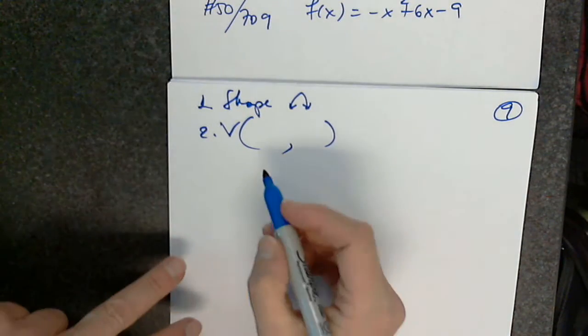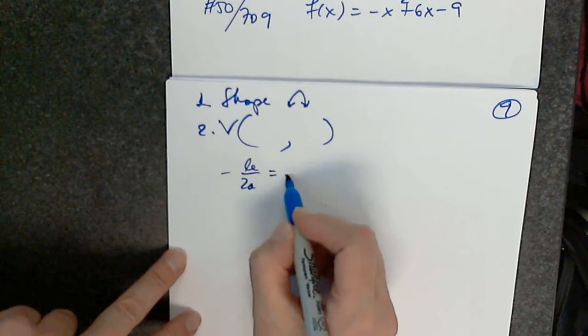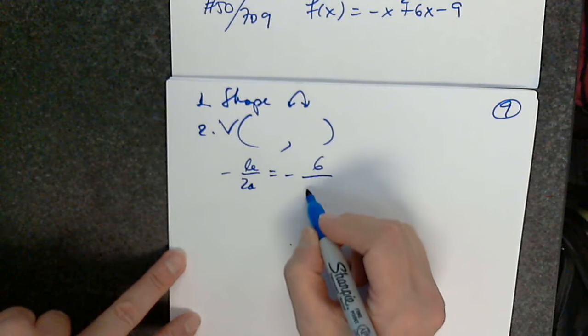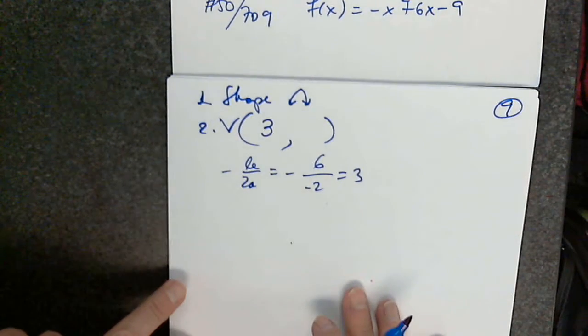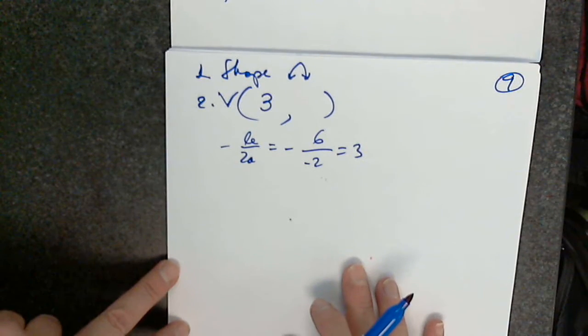Negative b over 2a, I agree. Which is negative 6 over negative 2, so this is 3. Perfect. Do we have the y-coordinate of the vertex?